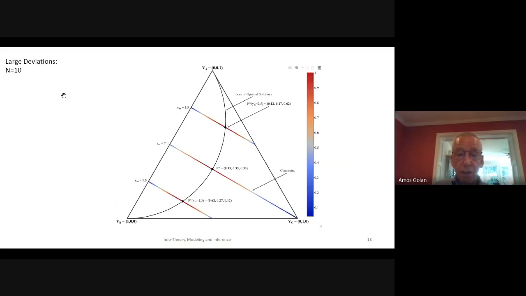Large deviation tells us the probability that we observed in reality a solution that is far away. So large deviation deals with a typical set or a typical probability. So what is the probability that you will find a solution in the atypical set? And so if you think of the maximum entropy solution as the typical set, it tells you what is the probability that it will be far away.